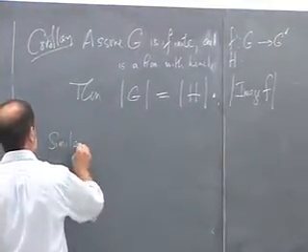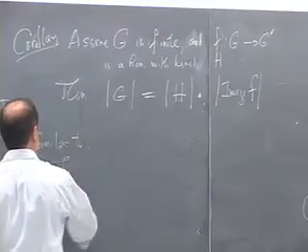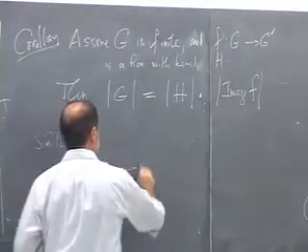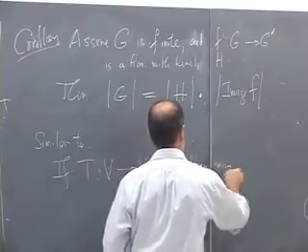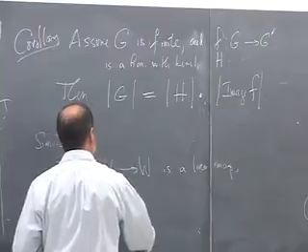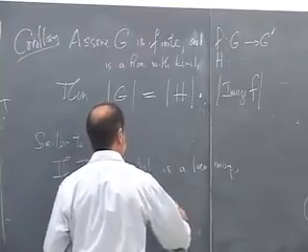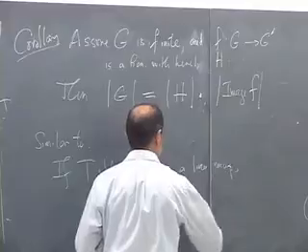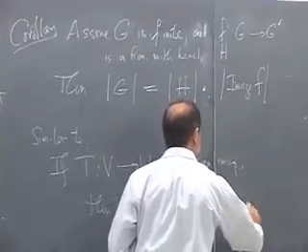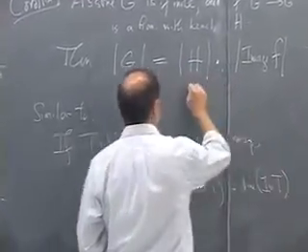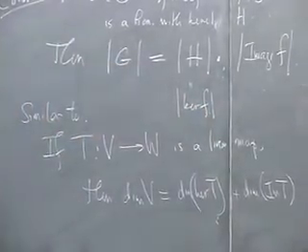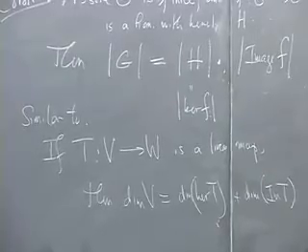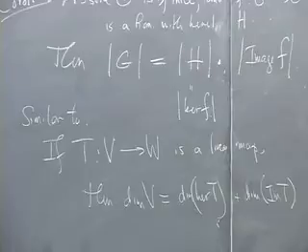Similar to if T from V to W is a linear map, then the dimension of V is the dimension of the kernel of T plus the dimension of the image of T. This is the order of the kernel of F. Okay, big theorem.